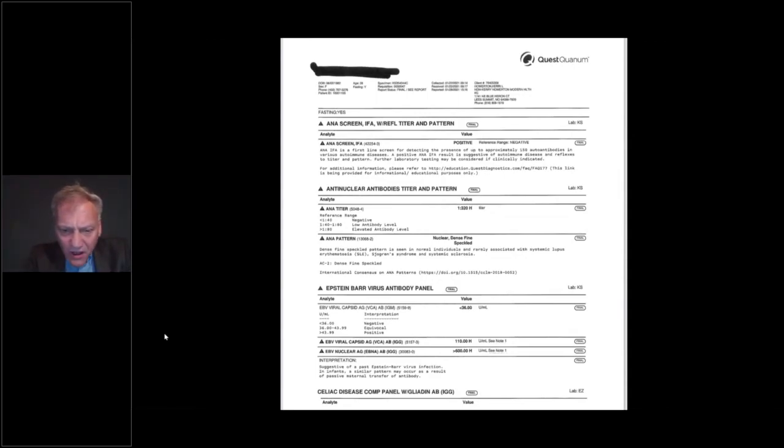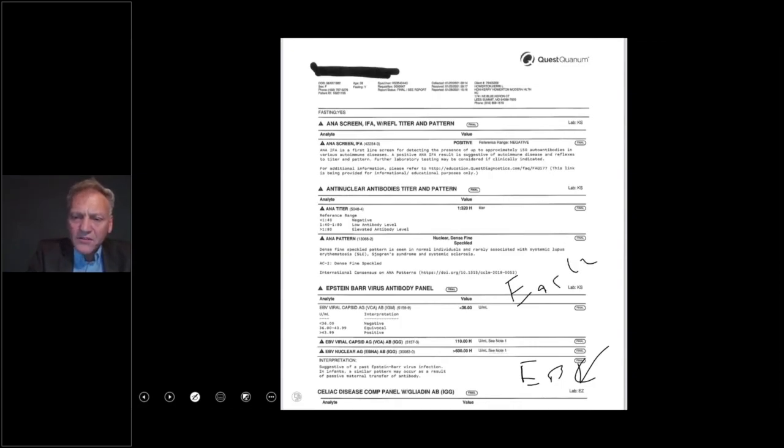Okay. So viral capsid was positive, nuclear antigen. But to really know if Epstein-Barr is positive, and by the way, I don't know if this patient has a history of mono. If she does, then I would definitely be going down that road. But looking at the Epstein-Barr, you need to see what's called the early antigen.